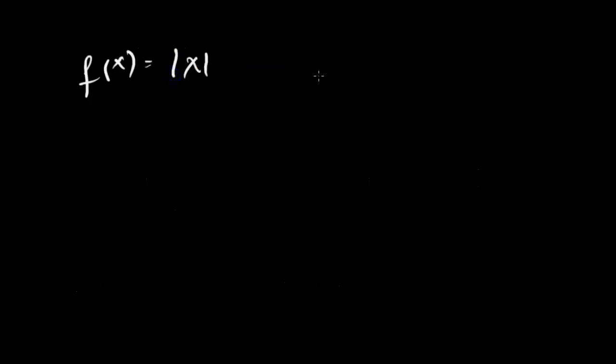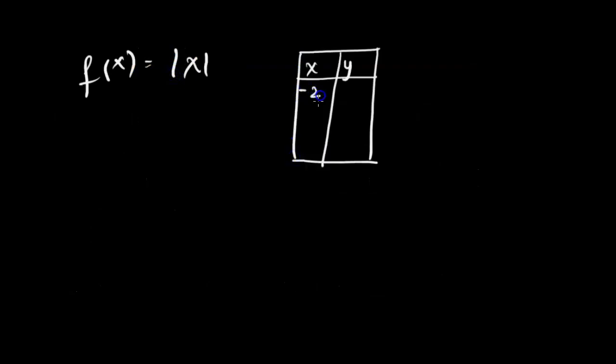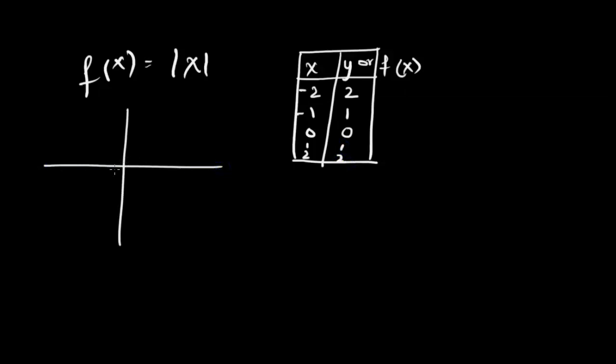Let's say we want to make a graph of this function, and the x values are -2, -1, 0, 1, and 2. Then y or f(x) would be |-2|, which makes it positive. -1 becomes 1, 0 will be 0, 1 stays 1, and 2 stays 2. We use this table of values to construct a graph.